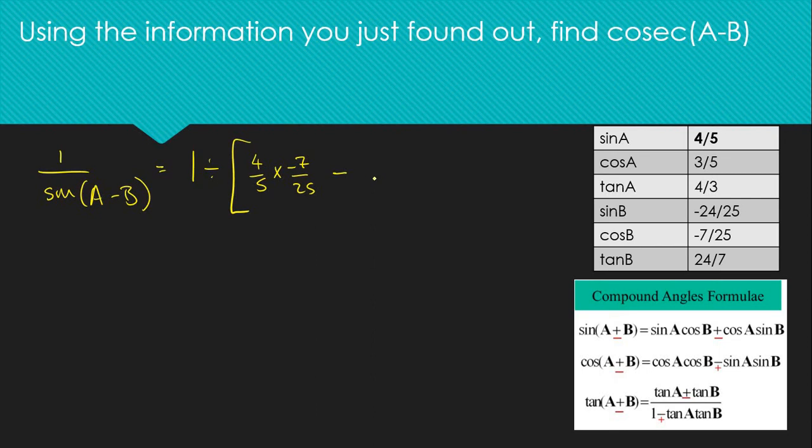Okay, so we've got minus cos A, which was 3/5, multiplied by sine B, which is negative 24 over 25.